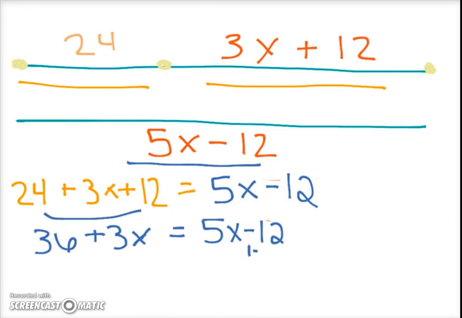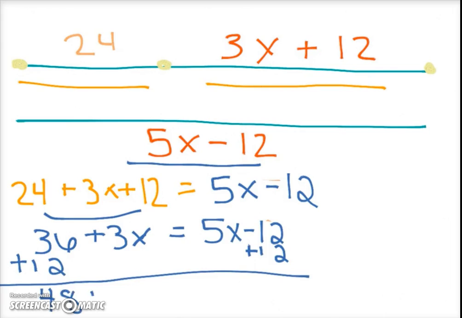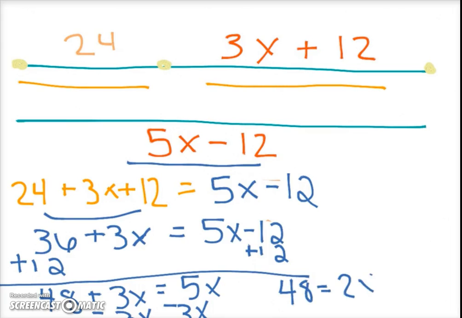So it'd definitely be easier to add the 12 over here and add the 12 over here. So then we're left with 48 plus 3x equals 5x. Now to subtract the 3x from both sides, I'm going to move over here again because I don't have a ton of room: 48 equals 2x.